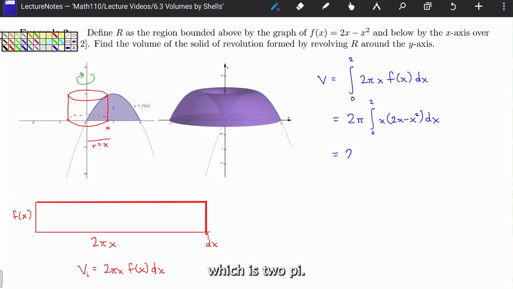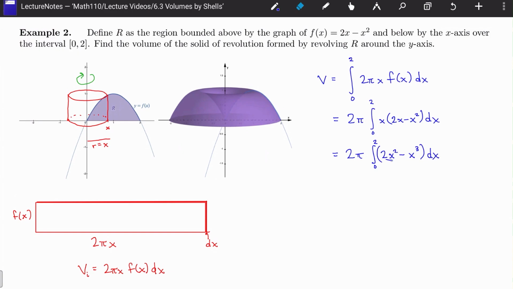which is 2 pi times the integral from 0 to 2 of 2x squared minus x cubed dx, which is 2 pi.